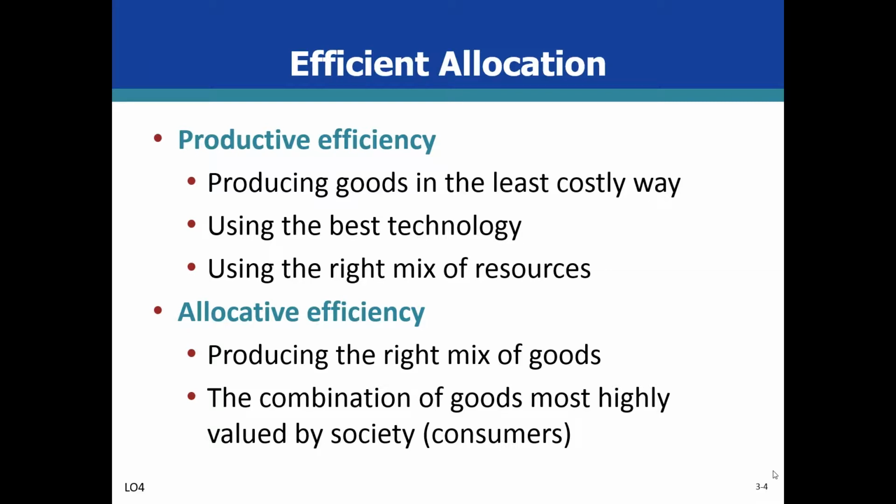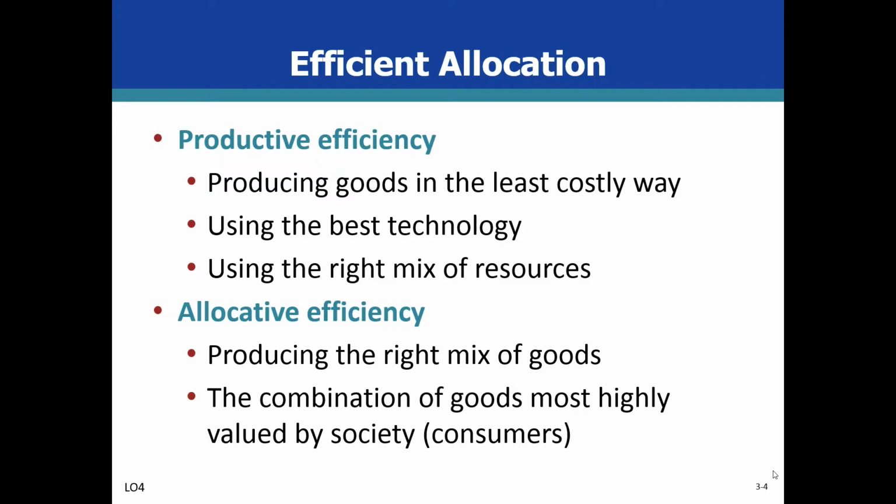There are two measures of efficient allocation. In the first case, productive efficiency means that firms are producing goods in the least costly way by using the best or appropriate technology and the right mix of land, labor, and capital. Said differently, the inputs are efficient.